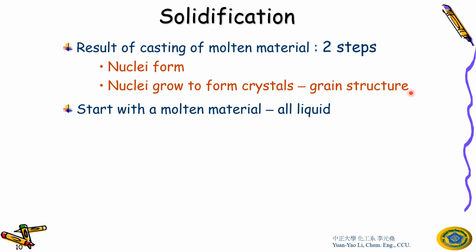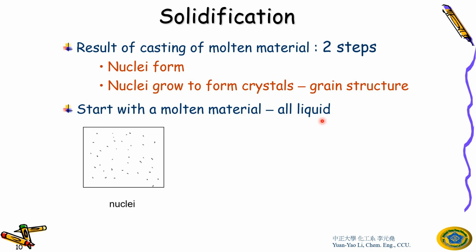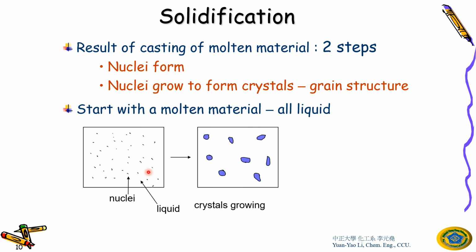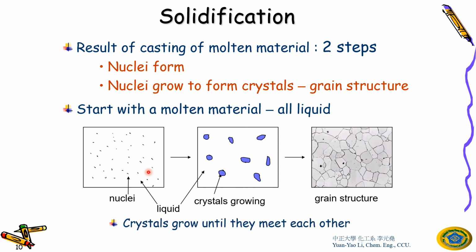You start to decrease the temperature, and there are nuclei. Then you reduce more and more, the crystals grow, and in the end it becomes all solid.